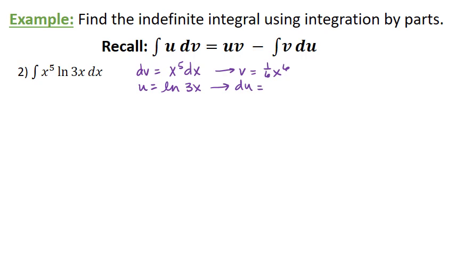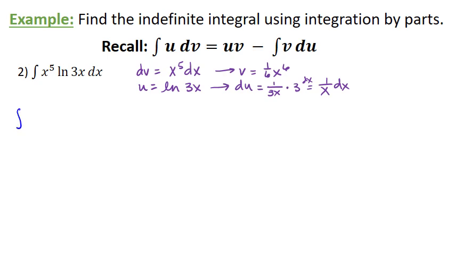Remember, the derivative of this is found by taking 1 over the argument times the derivative of the argument. So this simplifies to 1 over x dx. I suppose there should be a dx here. All right, so now I have everything I need in order to apply this formula.